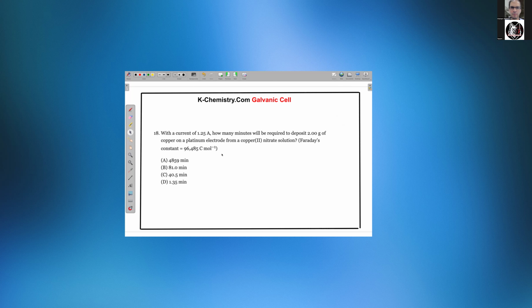And number 18, with a current of 1.25, what is the time now? The same question like before, but now we are having time. You are almost done with the MCQs, and then you take the other one.